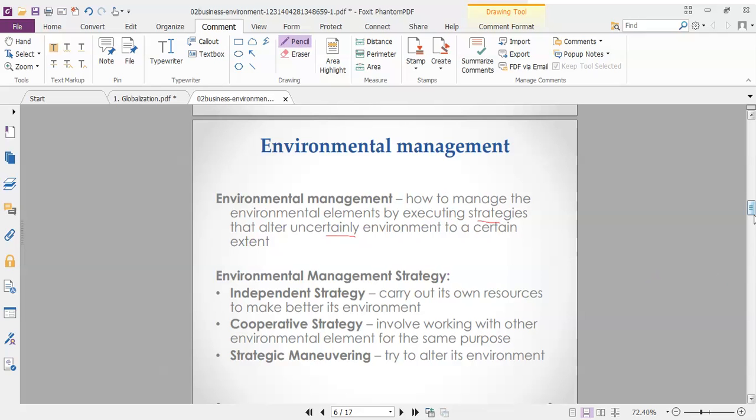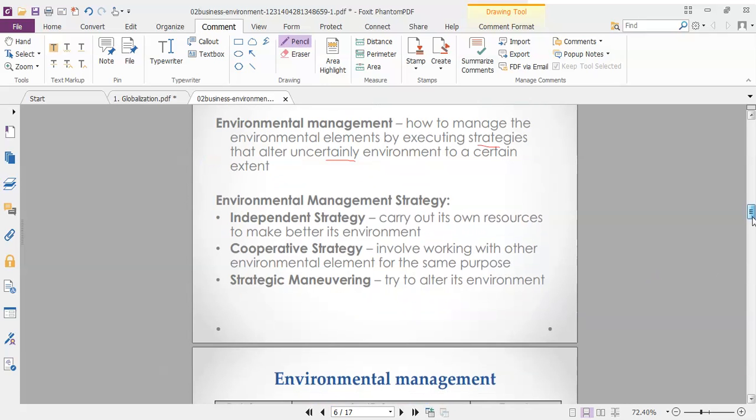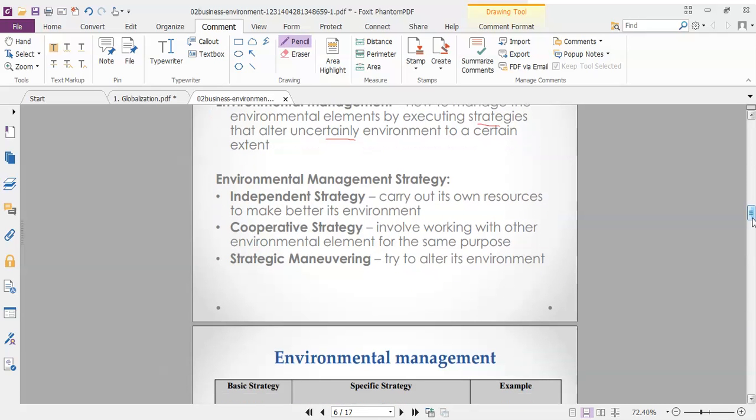So we need to have a strategy in order to manage the environmental elements. There are three strategies. The first one, independent strategy, carries out its own resources to make its environment better.